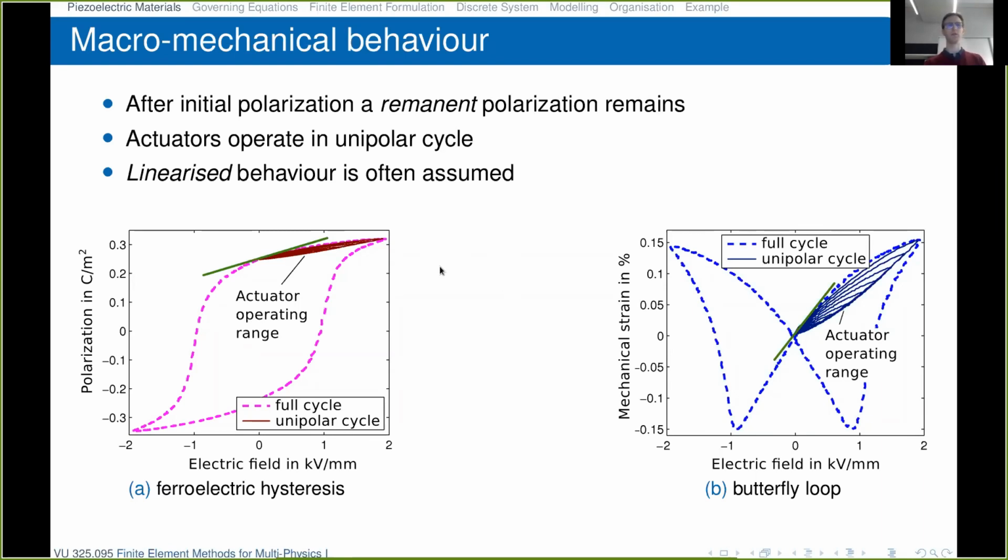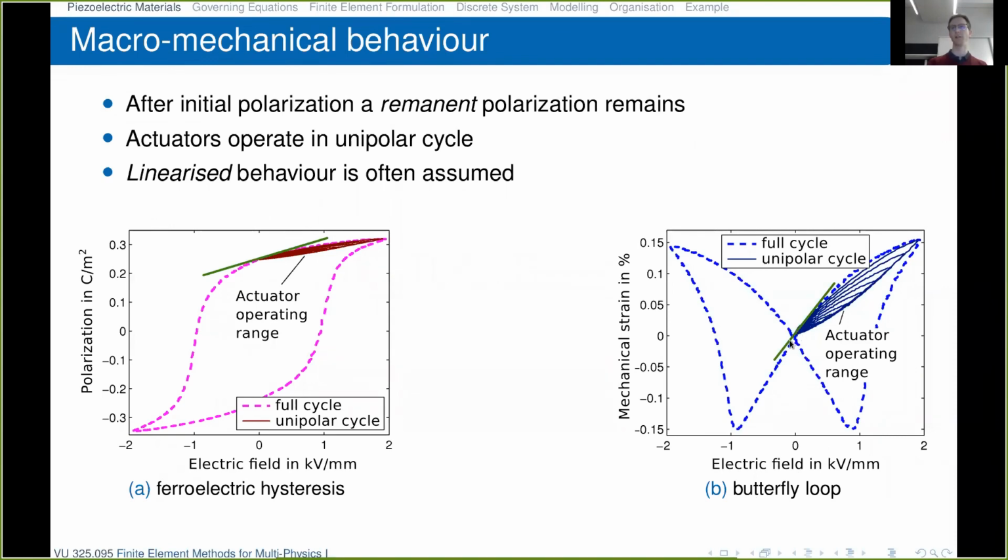This is often useful. However, it is not always accurate, especially if you don't have a unipolar actuation. When you look at the so-called butterfly curve that describes the mechanical strain versus the electric field, you see that when you increase the electric field, a strain also arises in the piezoelectric material.